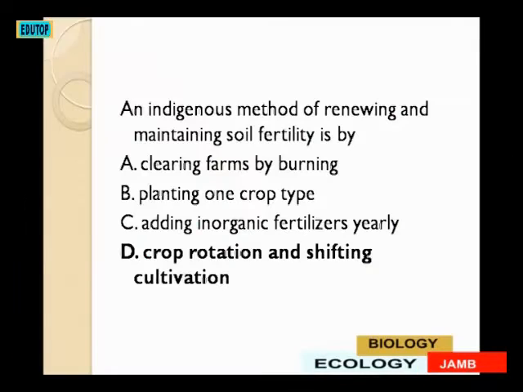Planting one crop type and clearing farms by burning will not renew or maintain soil fertility, it will rather destroy it. Adding inorganic fertilizer is not an indigenous method, even though it will renew and maintain soil fertility. So the only indigenous method of renewing and maintaining soil fertility in the options is option D, crop rotation and shifting cultivation.